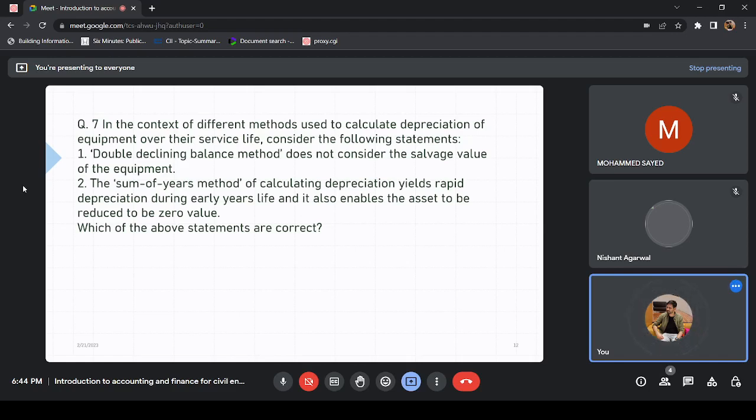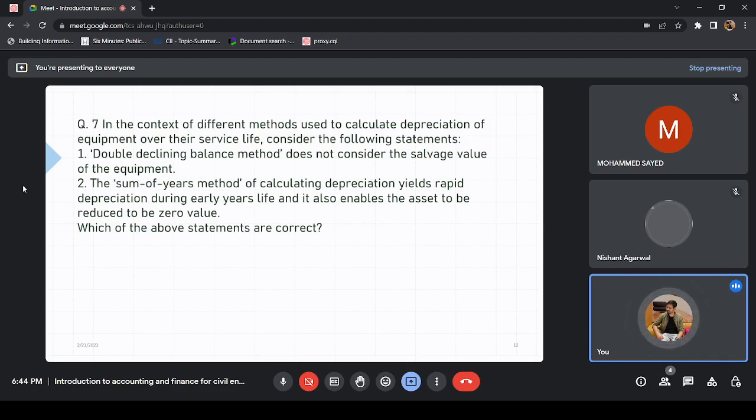So in sum of years method or straight line, you can get the asset value reduced to zero if your salvage value is zero. But in declining balance methods, we do not take care of salvage values.